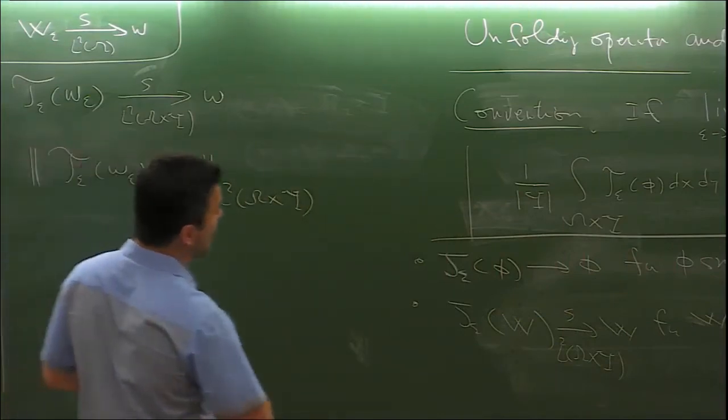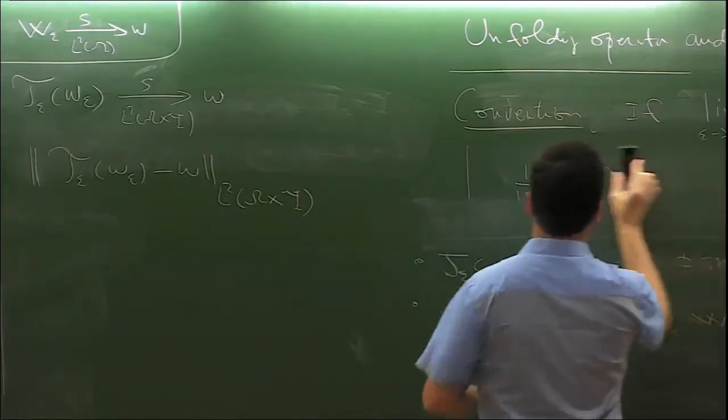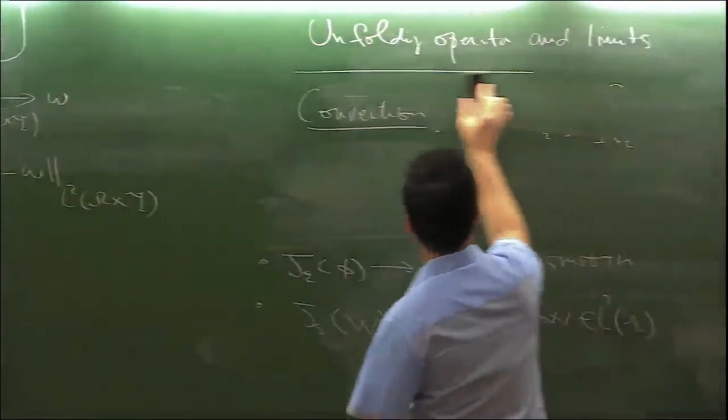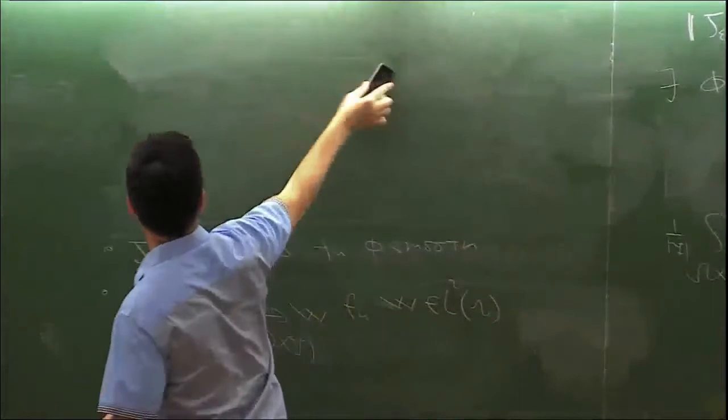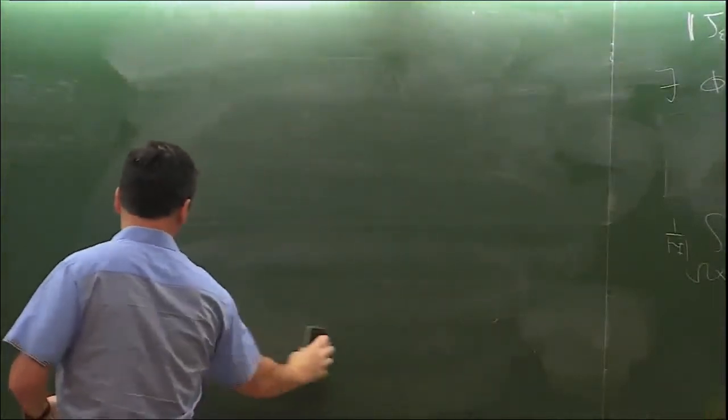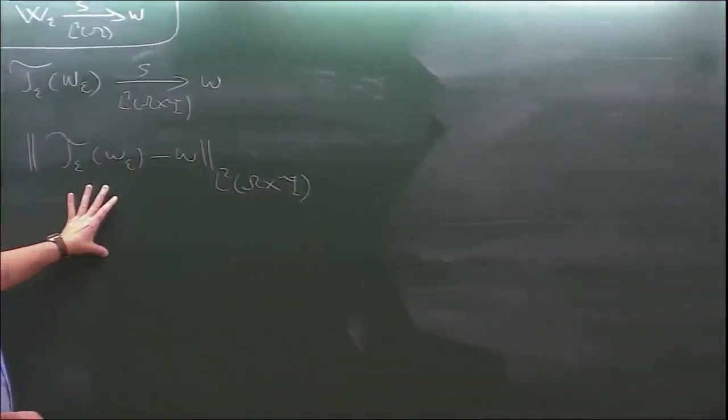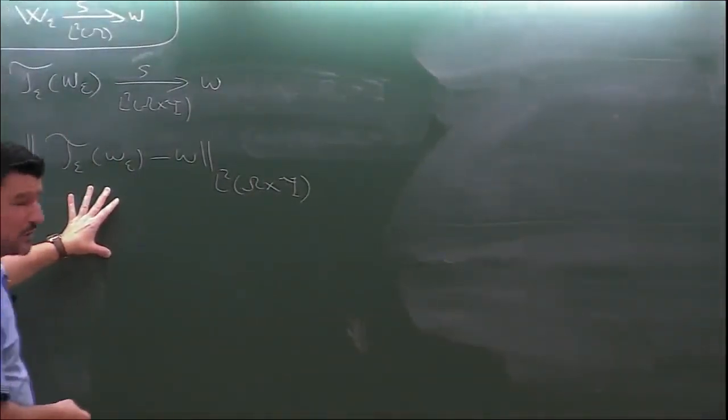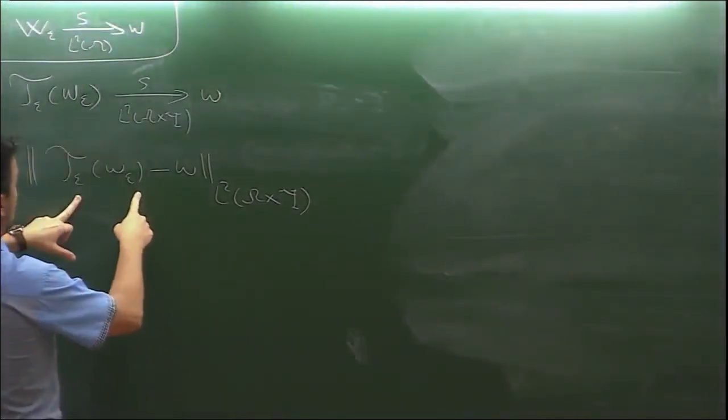I'll erase this. Okay. So what do we do here? We have a norm, so the best way to play with norms is, you know, more of the same, more and more triangular inequality. So we need to take advantage of what?